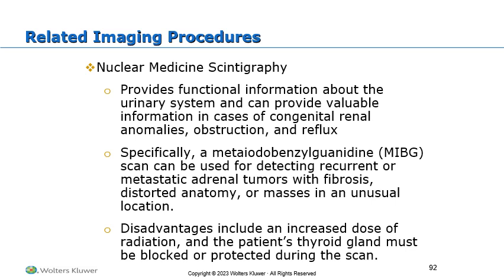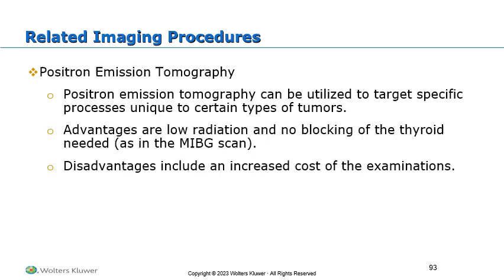Usually when they're assessing the urinary tract, they're going to have to use MIBG for detecting adrenal tumors, fibrosis, distorted anatomy, or other things. The disadvantage of nuclear medicine is that they are actually injecting a radionuclide or radioactivity into the body, and so that's obviously a concern, especially in our pediatric population.